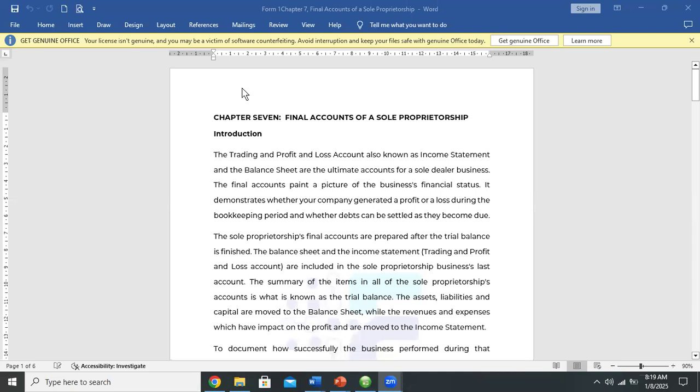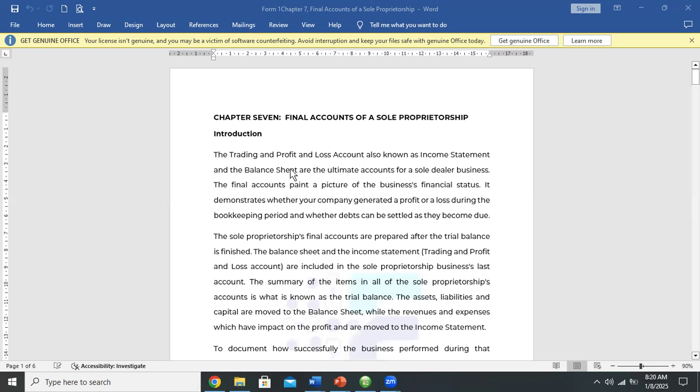So the main theme around this topic is that, as we saw in the introduction to accounting, it is important for businesses to report on their financial performance to interested users, so that these users can use the information to make decisions.